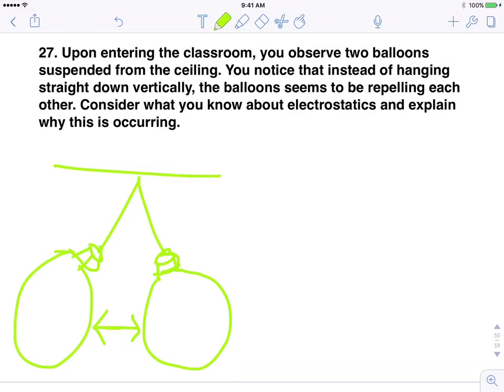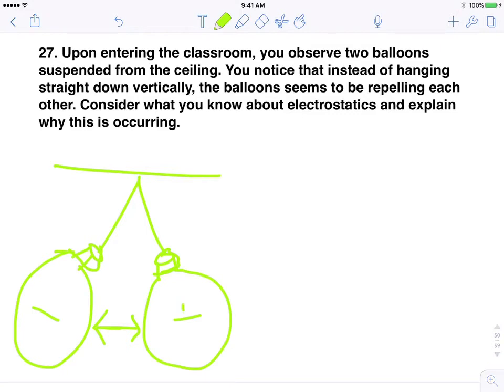Why? Well, consider the electrostatics and explain why this is occurring. Well, let's just say somebody came over here and produced a negative charge, or, well, actually, no, this is rubber, so it'd be negative. A negative charge on both of these. Since these both now have a negative charge, they're going to repel each other. Okay?